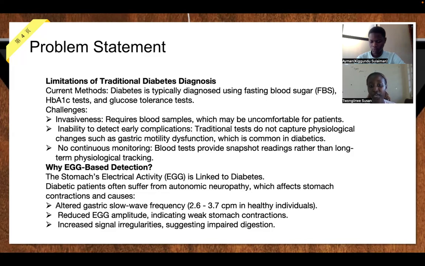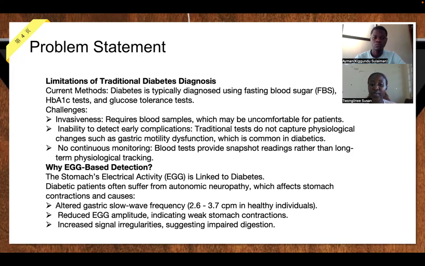Invasiveness: it requires blood samples, which may be uncomfortable for some patients. Then the inability to detect early complications. Ours is going to detect early stages, but traditional tests do not capture physiological changes such as gastric motility dysfunctions, which are common in diabetes. Then there's no continuous monitoring; blood tests provide snapshot recordings rather than long-term physiological tracking.